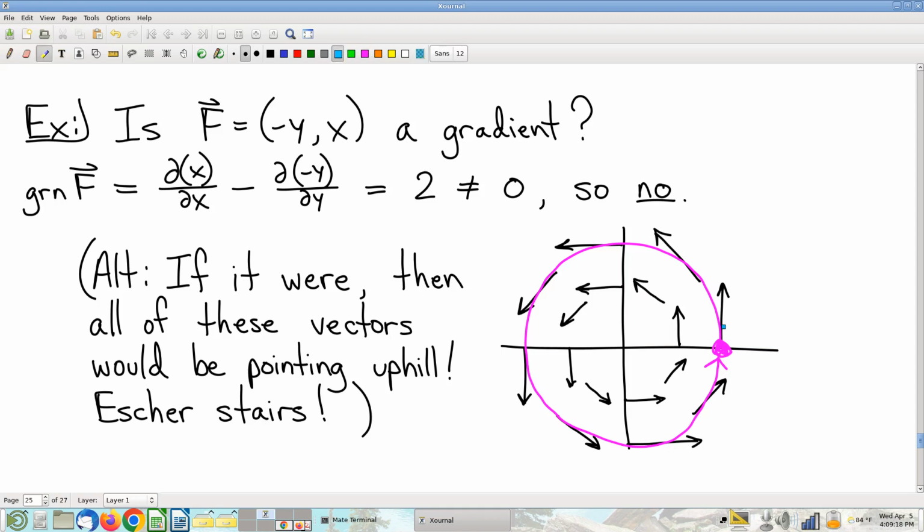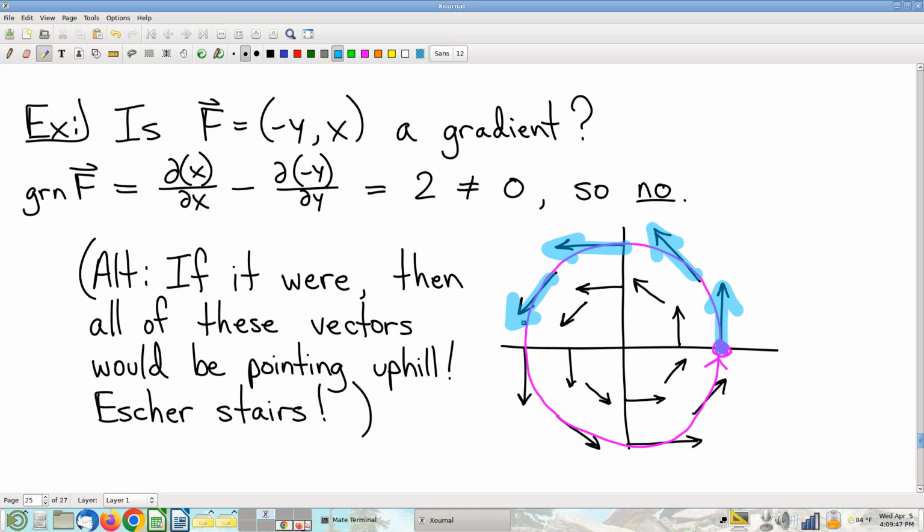Because I'm going in the direction of the gradient everywhere along this curve. Right? I can just, piece by piece, notice that every step along the way on this curve, that vector line integral is positive on each little piece. So, just by looking at this vector field, I can see that this closed line integral is not zero. So it can't be path independent. It can't be a gradient.